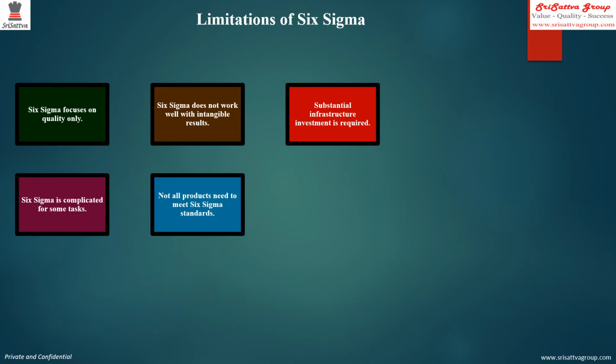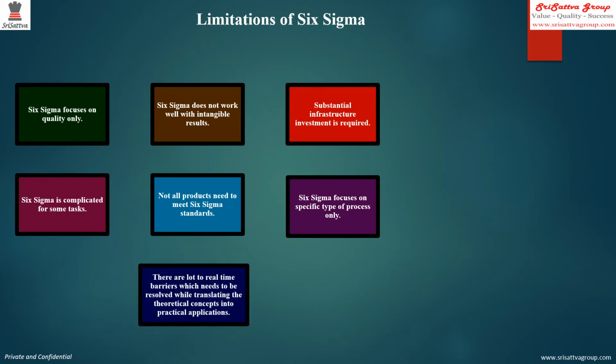Not all products need to meet Six Sigma standards. Six Sigma focuses on specific types of process only. There are a lot of real-time barriers which need to be resolved while translating the theoretical concepts into practical applications.